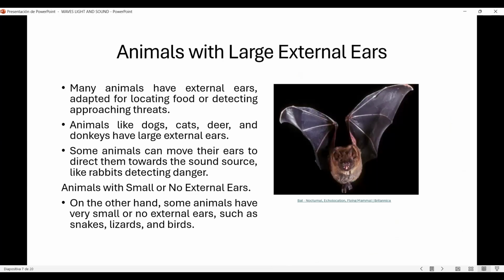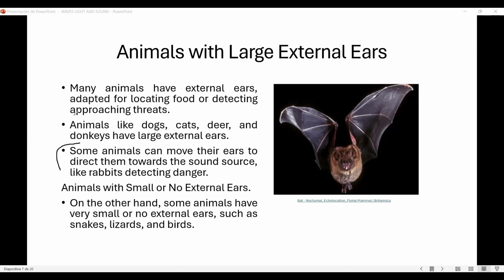Okay, so many animals have external ears, for example, mammals. They are adapted for locating food or detecting approaching threats. An example can be a rabbit. A rabbit can detect dangerous situations by pointing its ears toward the potential danger it may be facing.